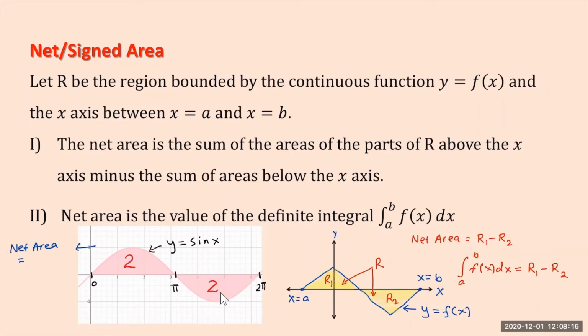So that will be 2 minus 2, or 0. And also that 0 is the value of the definite integral from 0 up to 2 pi of this function sine x with respect to x, which is also equal to 0.